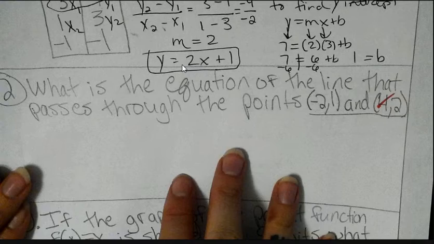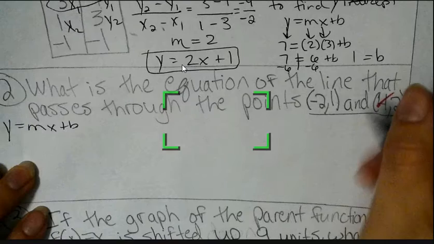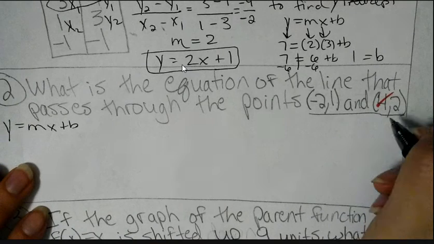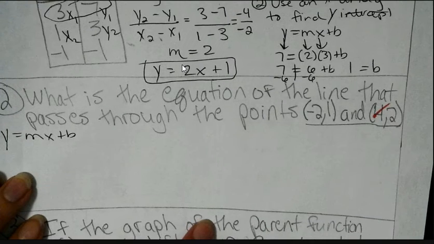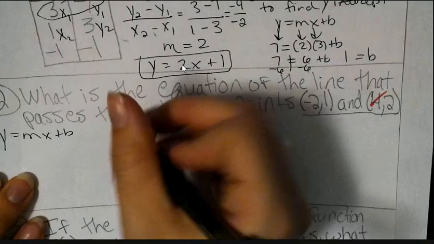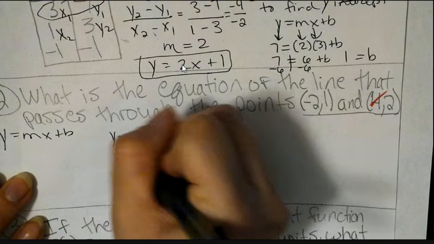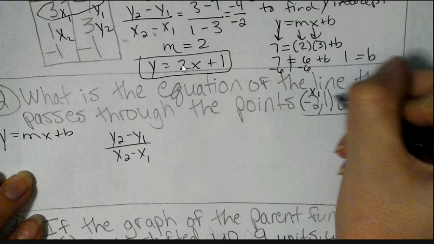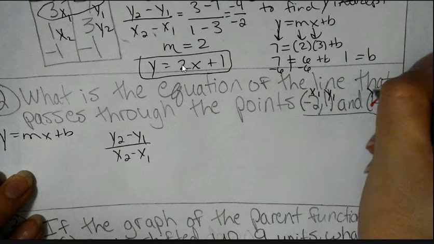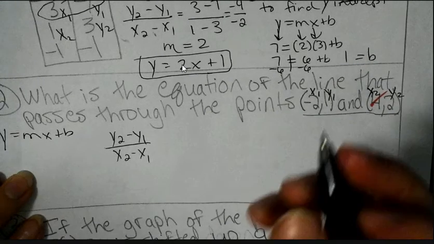Okay, now same thing here. I need to write an equation of a line, y equals mx plus b, that passes through the points -2, 1, and 4, 2. So same thing I have to do. I have to find my slope. y2 minus y1 over x2 minus x1. I'm going to say this is x1, y1, x2, y2.